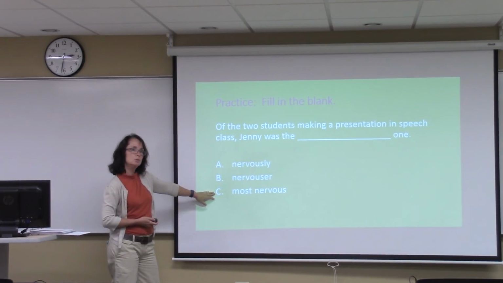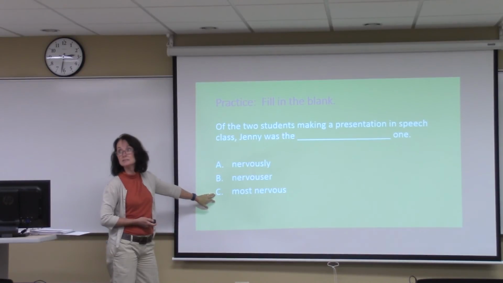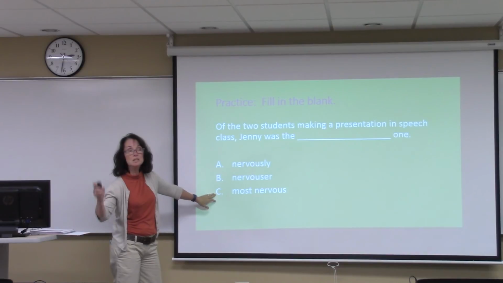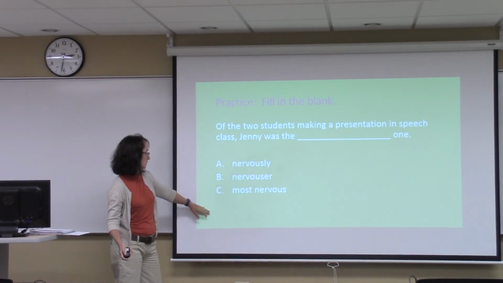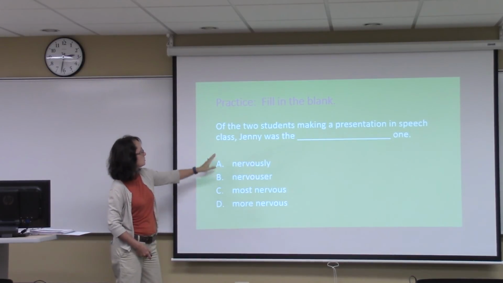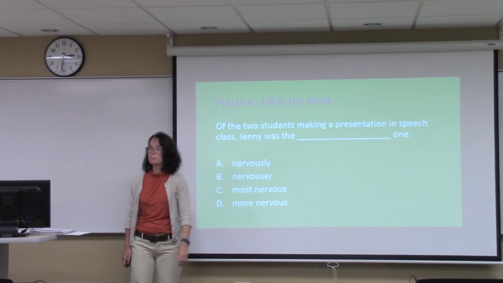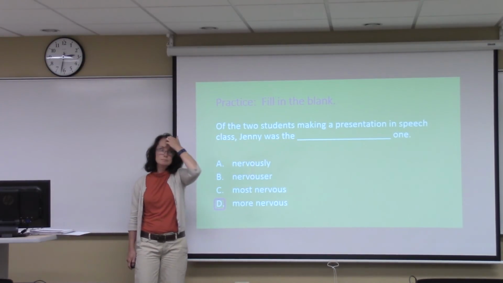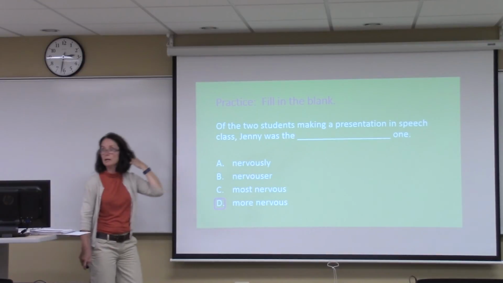Most nervous, we said more or less. And that's where you could use your scratch paper to give yourself a clue. I'm looking for ER, more or less. More nervous. Jenny was the more nervous one. Okay? All right, you guys following?